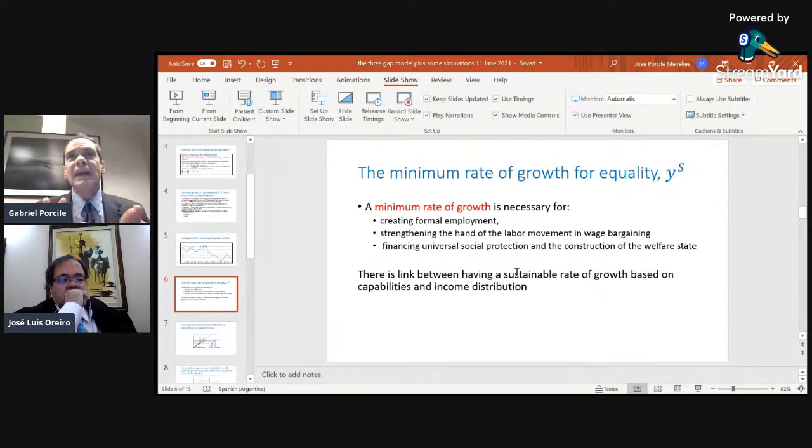So we have this minimum rate of growth, which the structuralist economists Julio Oliveira and more recently Martin Rapetti as well have denominated the rate of growth necessary for social equilibrium.